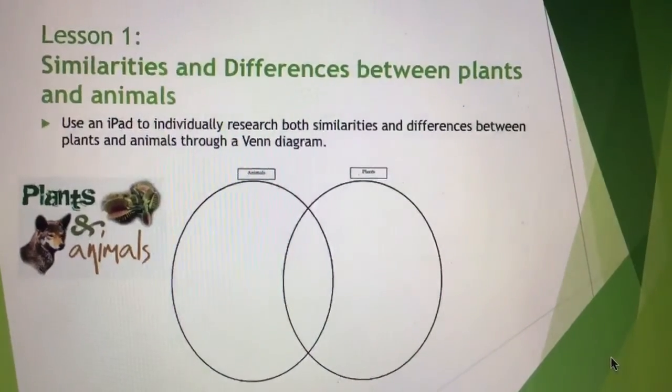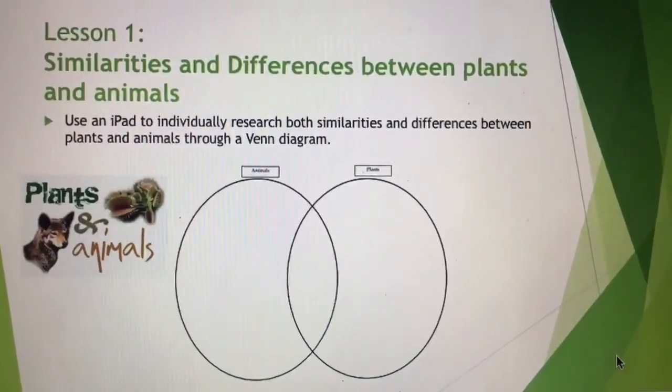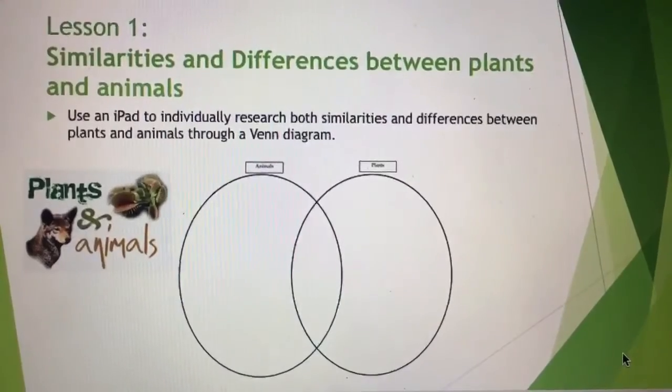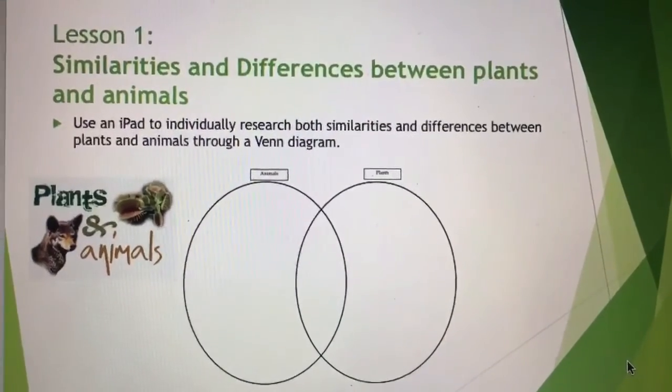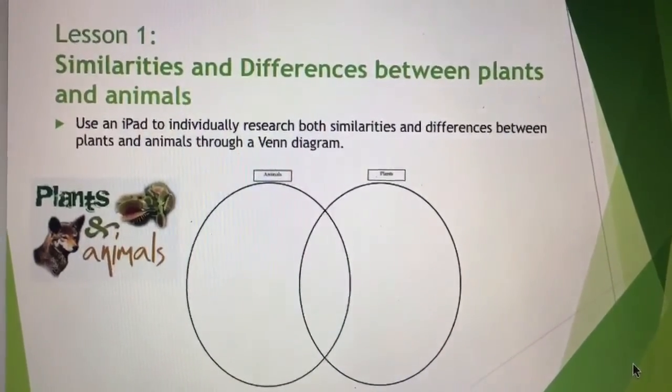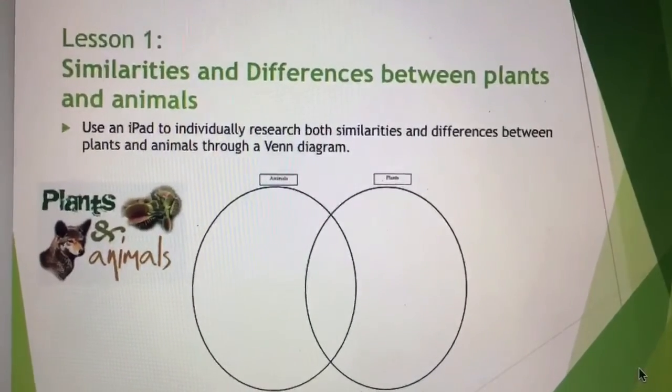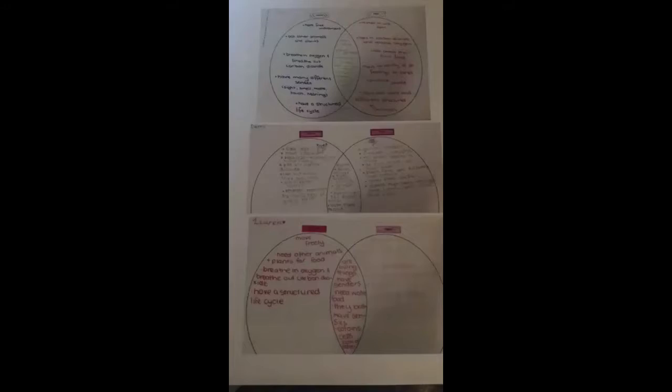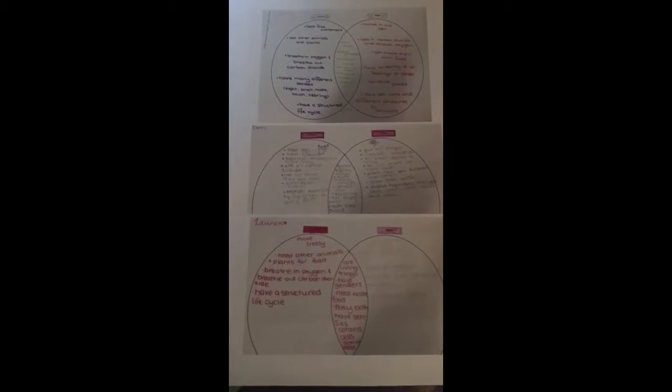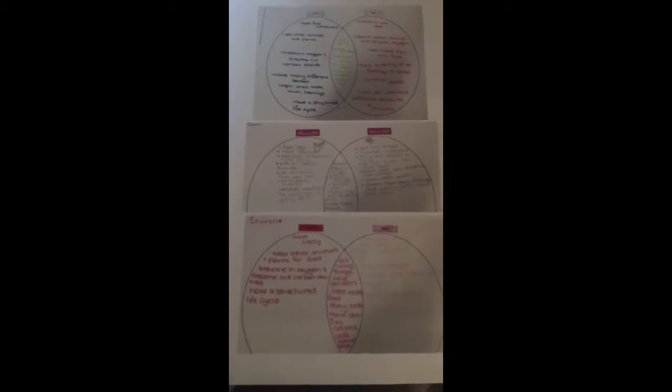This next task required students to complete a Venn diagram of the differences and similarities between plants and animals. This required students to individually research on their iPads, creating extensive responses within their work. Here are some samples of students' work.